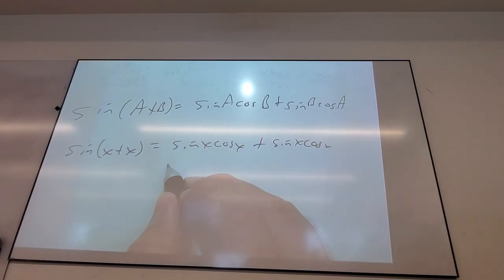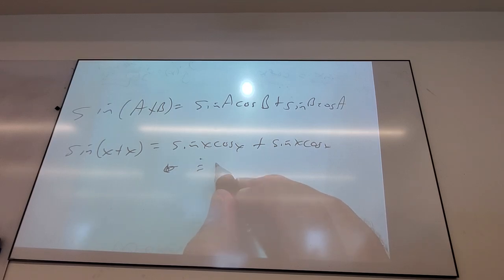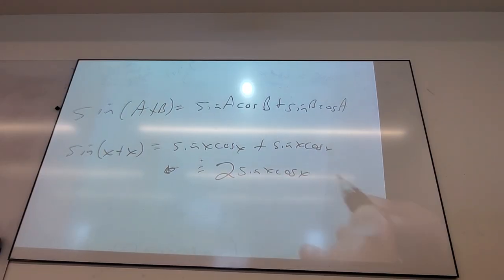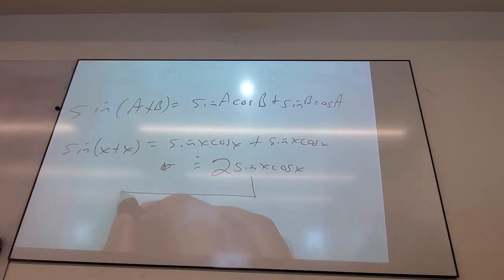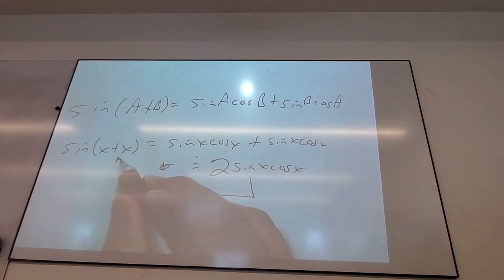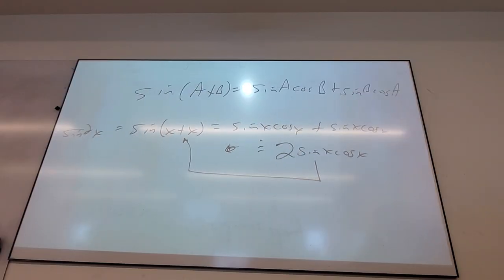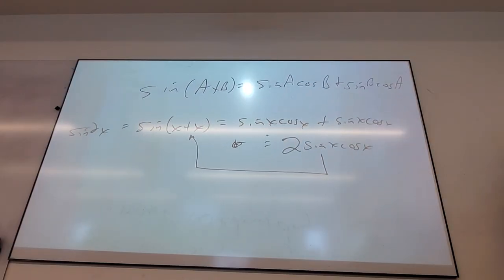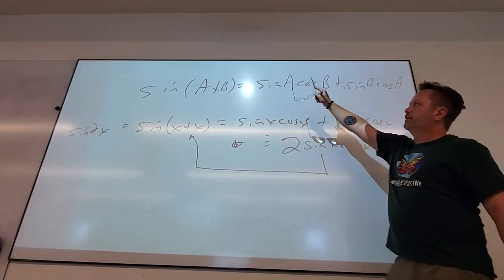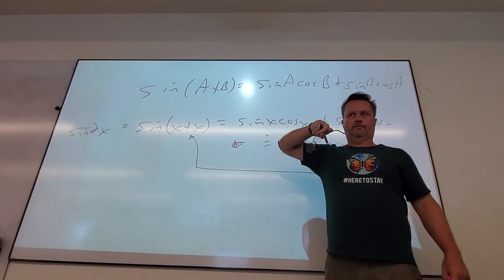What's that? 2 sine x cosine x. And what's sine of x plus x? Sine 2x. So sine 2x is equal to 2 sine x cosine x, a consequence of the sine of the sum of two angles.